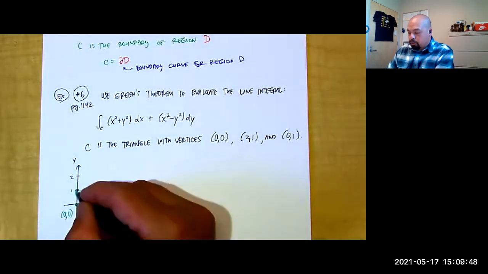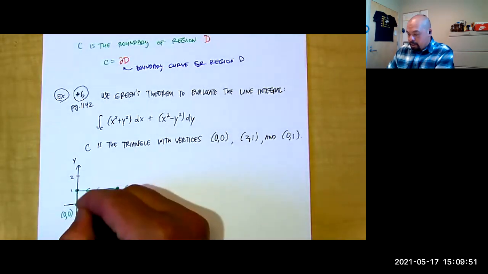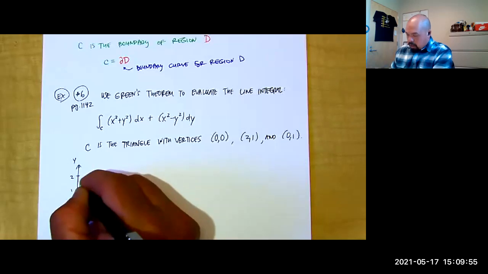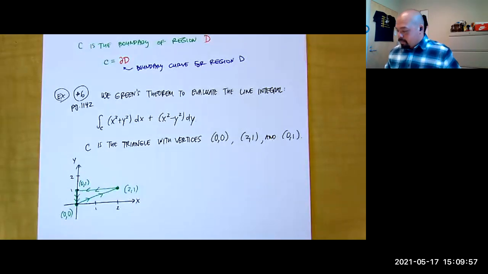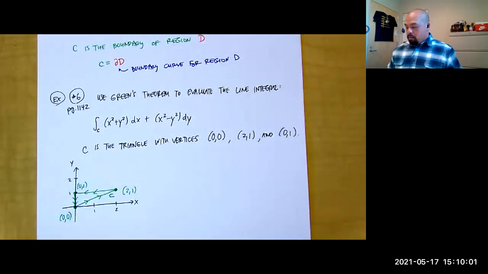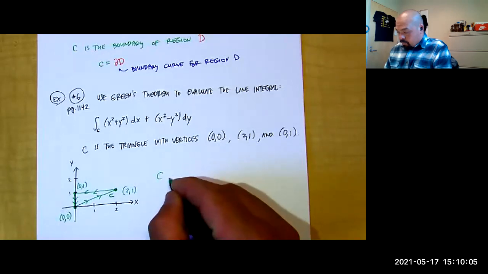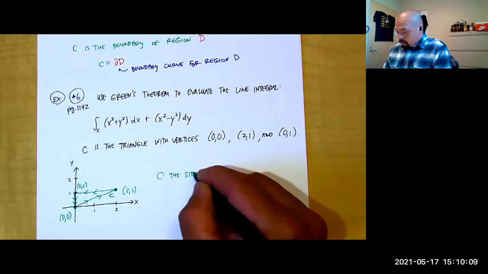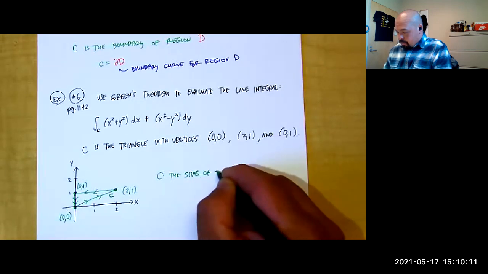And if we have a full triangle, we need to make sure we close that down like so. All right, so there's our path C, the boundary, right? C are the sides of the triangle.